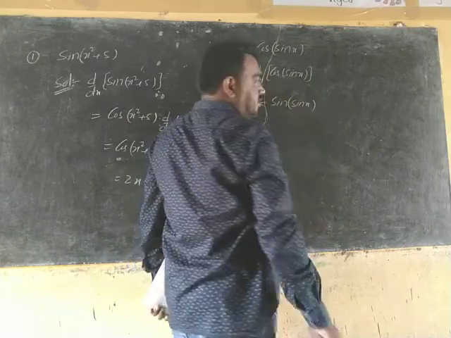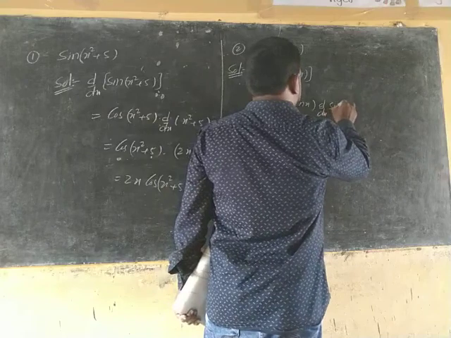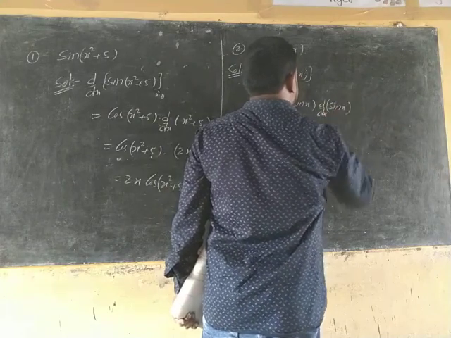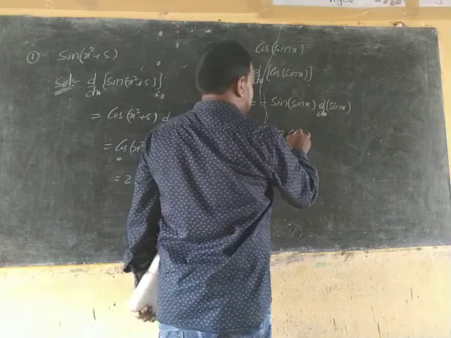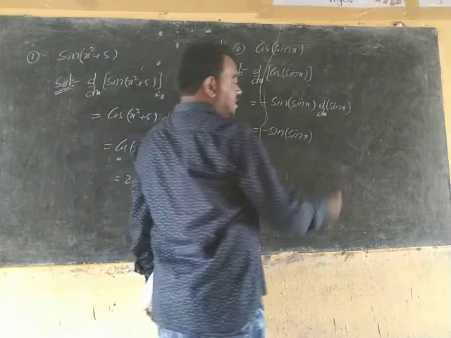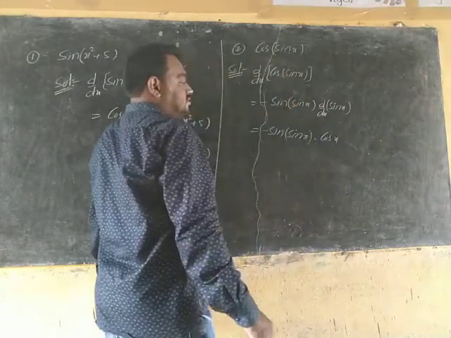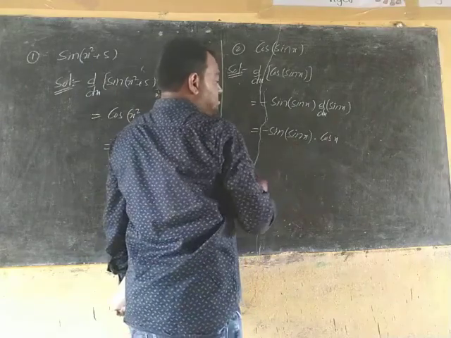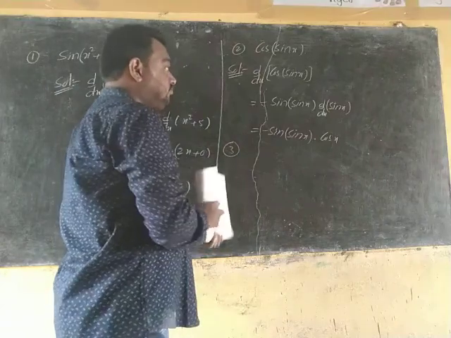Next, we are applying the derivative of sin x. Now d by dx of sin x. So this is equals to minus sine of sin x into derivative of sin x, which is cos x. Derivative of sin x is cos x. This is the answer.